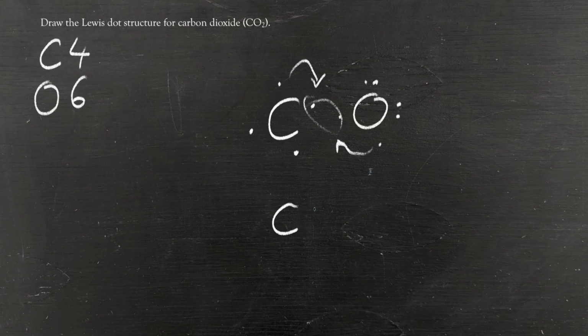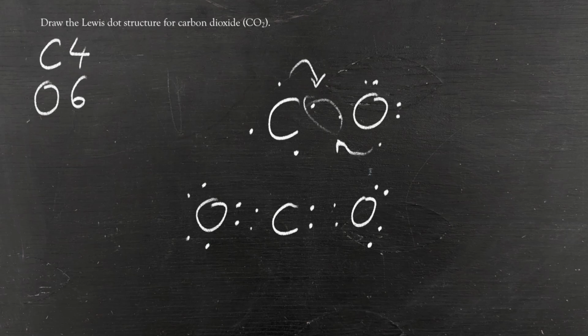So I could move this electron in and that electron in and create a double bond. So it'd be a carbon, 1, 2, 3, 4, oxygen, 1, 2, 3, 4, 5, 6. And we're going to do the same on the other side. So I'll get rid of this electron down there. And now all of the atoms have a full octet, meaning that they have 8 electrons around them.